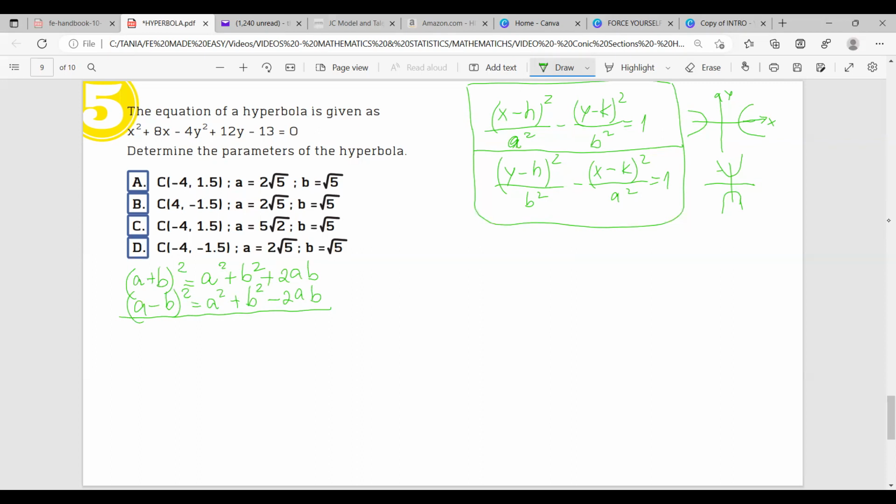So let's rewrite this equation. x squared plus 8x minus 4y squared plus 12y minus 13 equals 0. So we will separate the terms that have x, and we're going to rewrite them like this. x squared plus, I will make some room for b squared, and then I'll rewrite 8x.